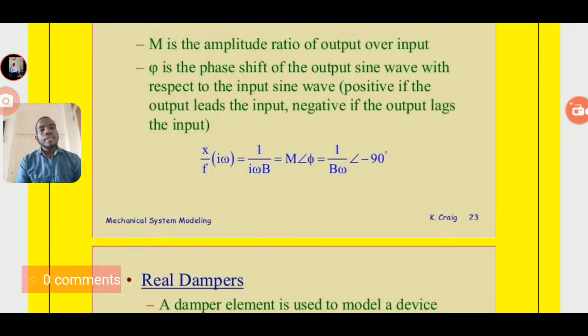M is nothing but the amplitude ratio of the output over input, and phi is the phase shift of the output sine wave. So this is equal to 1 by b omega at angle minus 90 degrees. So here m is equal to 1 by b omega, and the phase shift phi is equal to minus 90 degrees.